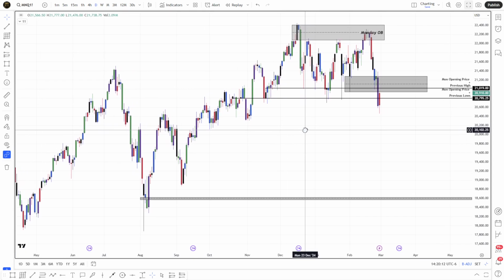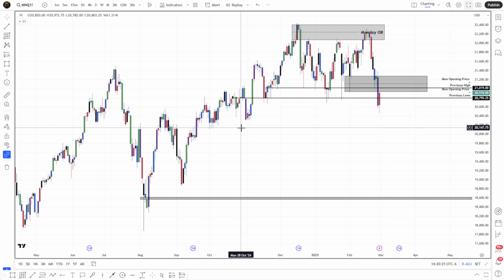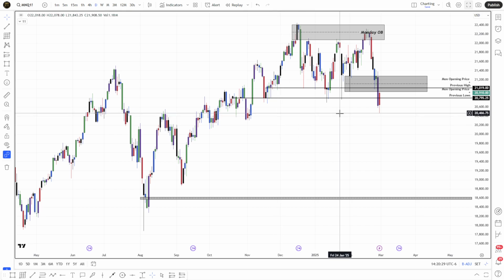And this would go to the theory of Monday comes back up into this fair value gap. We hold this fair value gap, and then we start seeing Tuesday drive through this area of balance, which takes out the previous Friday low.